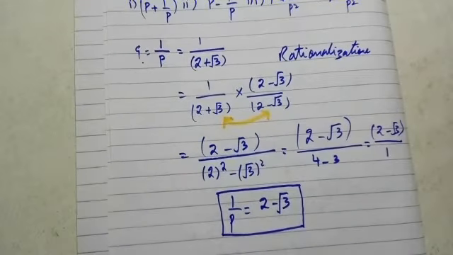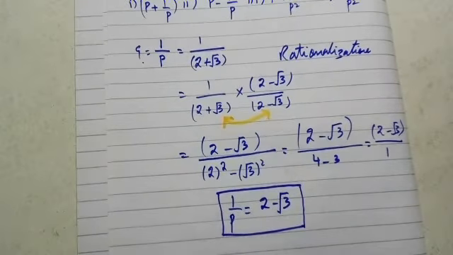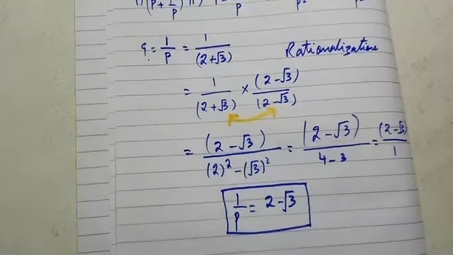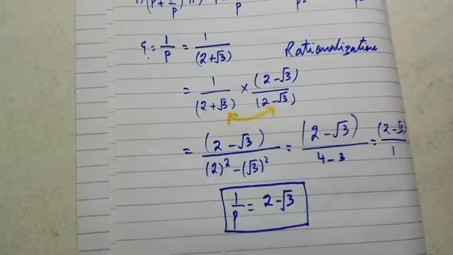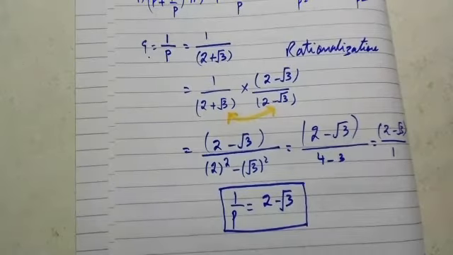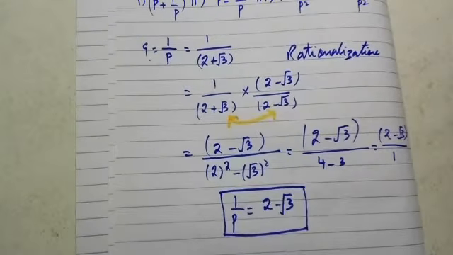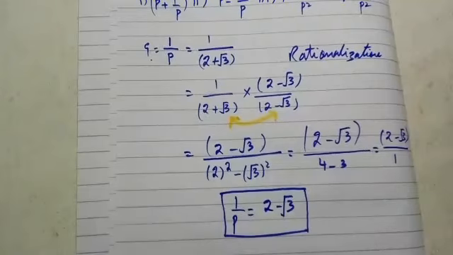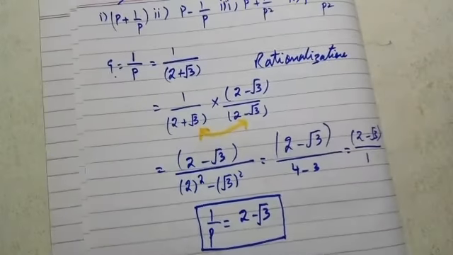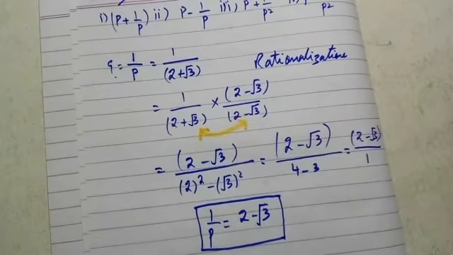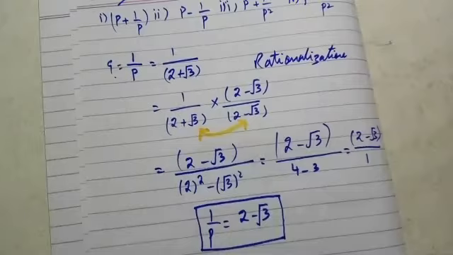Clear? Now you are in a position, because p and 1 over p are both known. p is written in the question and 1 over p has just been calculated. So what will you do? According to the requirement of the question, you will start putting in the values and then find the answers. For the first part, I am writing p plus 1 over p.